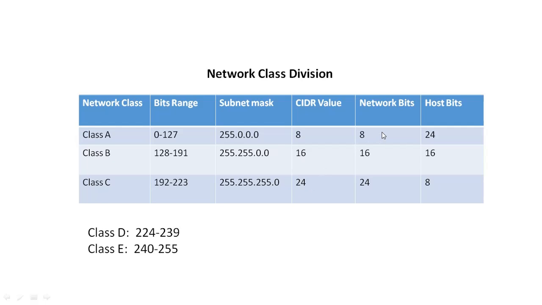You can see network bits is 8 for Class A, 16 for Class B and 24 for Class C. Likewise, 24 host bits in Class A, 16 host bits for Class B and 8 host bits for Class C. Similarly, you can see Class D range is from 224 to 239 and Class E ranges from 240 to 255, but we are not discussing these two classes. We'll be discussing only Class A, Class B and Class C networks.